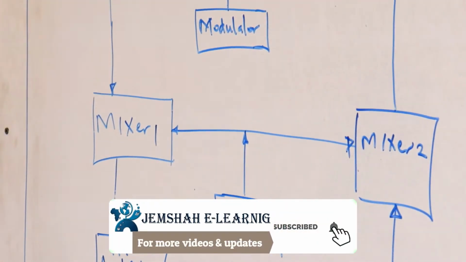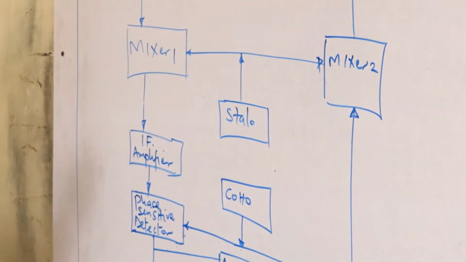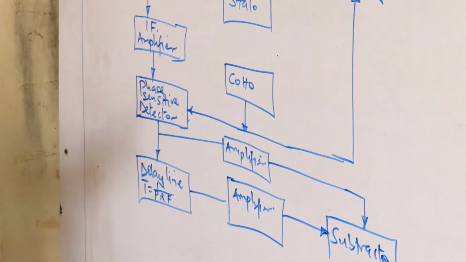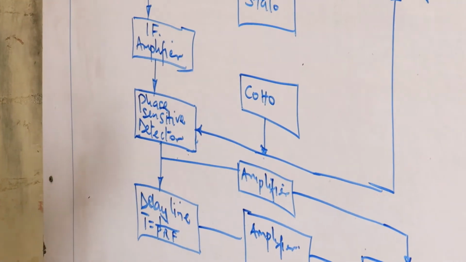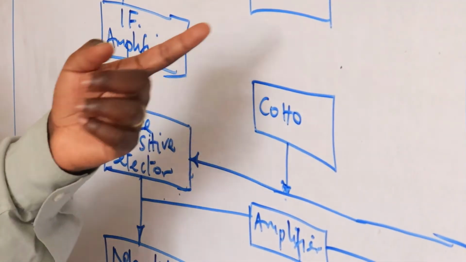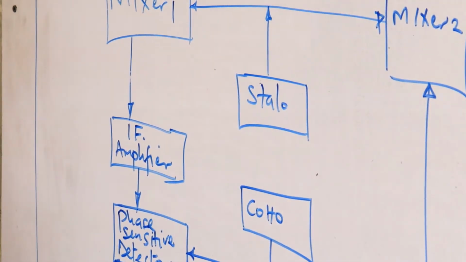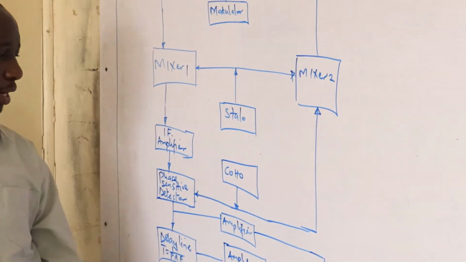The principle is that they are able to combine two frequencies. The coho oscillator produces a frequency at the intermediate frequency, while the stalo oscillator gives us a local oscillator frequency, which is a stable frequency. The two are combined in the mixer and sent to the transmitting path.